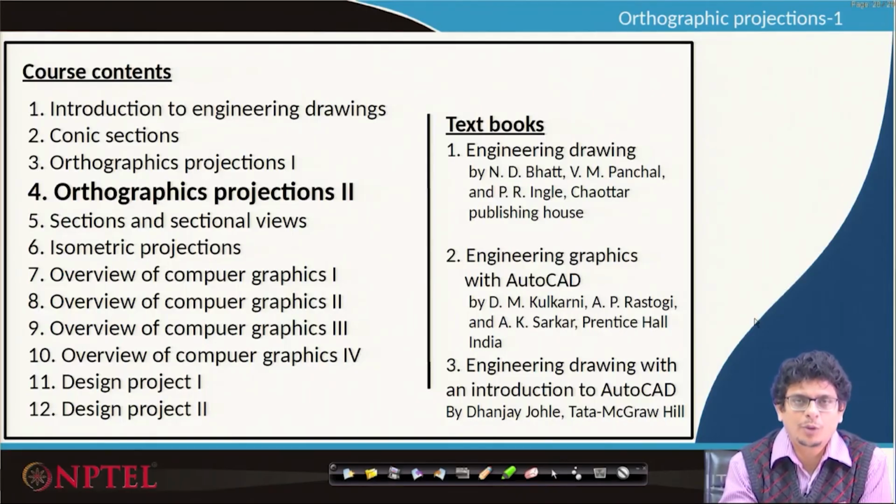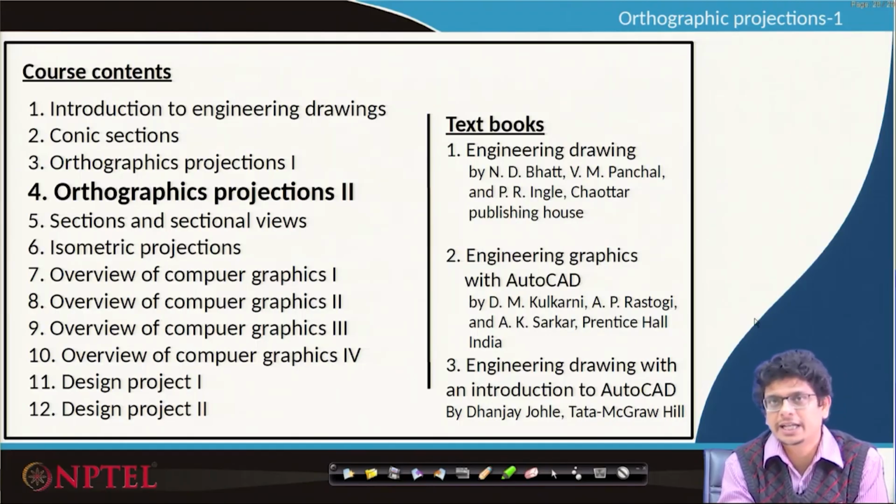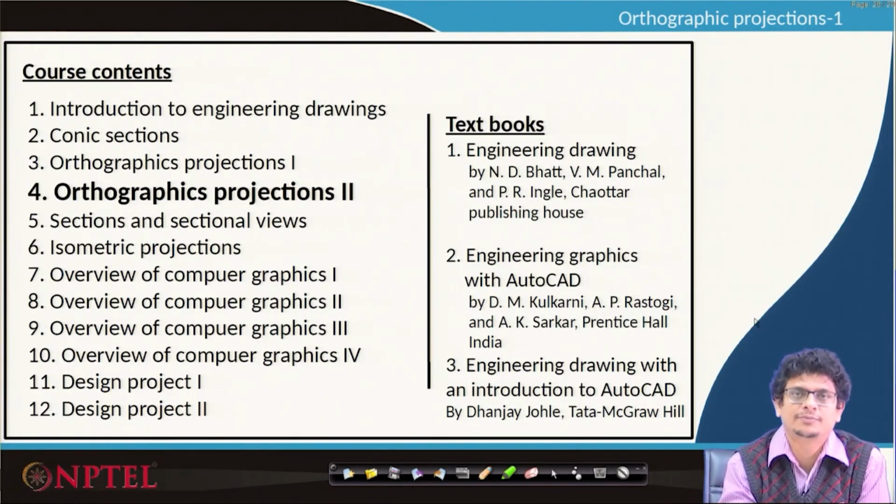And in module 3 we have covered orthographic projections 1, where we have learned about planes, what is a vertical plane, what is a horizontal plane, and what is first quadrant projection, third quadrant projection, and how to project points onto different planes if it is on first, third or second or fourth kind of quadrants. And in this module, we will especially cover line projections.